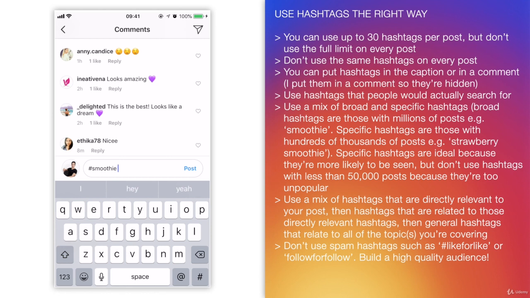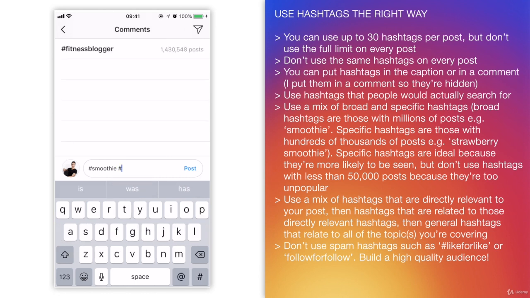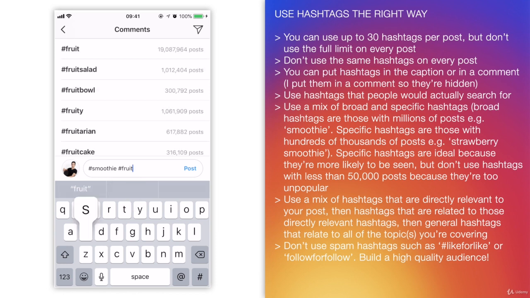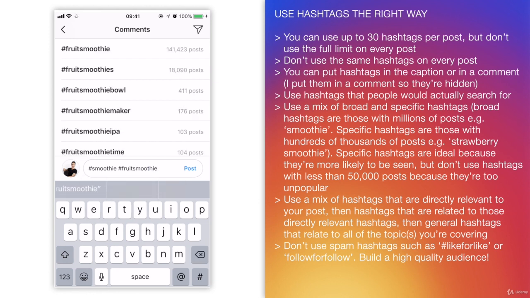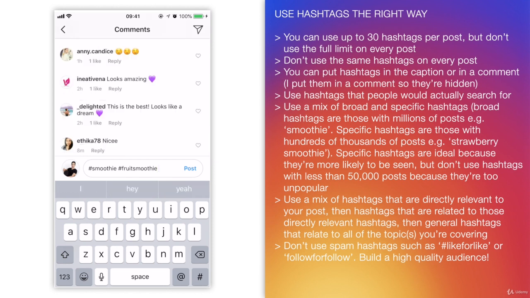you also want to focus on ones that are much less used. So instead of smoothie, think about what words people would really search for regarding smoothies, except for the main words. For example, let's see how many fruit smoothie has. That's only got 141,000 posts, which is perfect. Ideally you want to aim for the popular ones that have got millions, because they're the main keywords, but also use ones that have got over 50,000 posts.